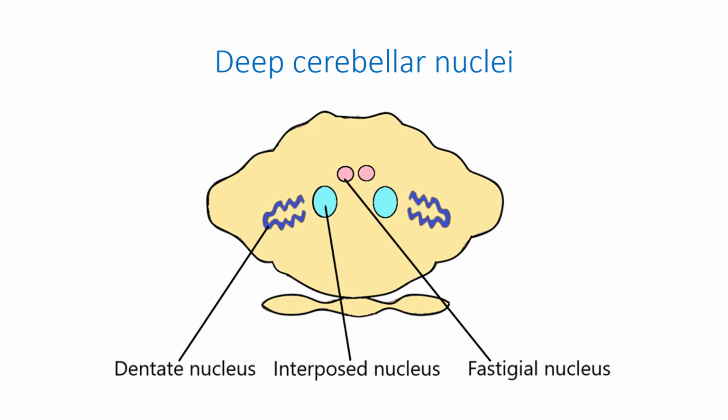The dorsal part projects to the primary motor and premotor areas and takes part in the planning, initiation, and control of voluntary movements. The ventral part projects to prefrontal and posterior parietal areas of the cerebral cortex and is responsible for cognition, language, and sensory functions.